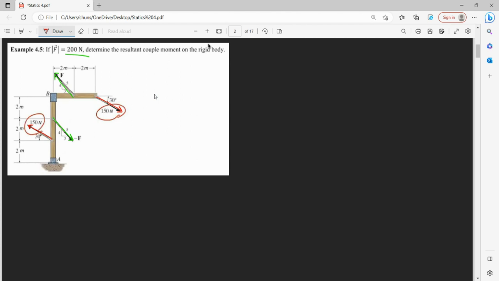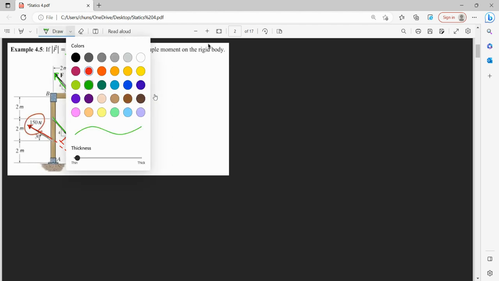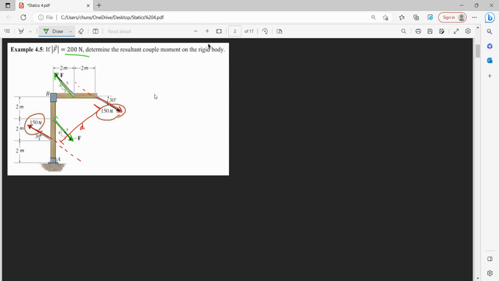So we want to find the distance between our 150, so let's call this D1, and we want to find the distance between our 200 newtons, because we only need the distance between both of them.